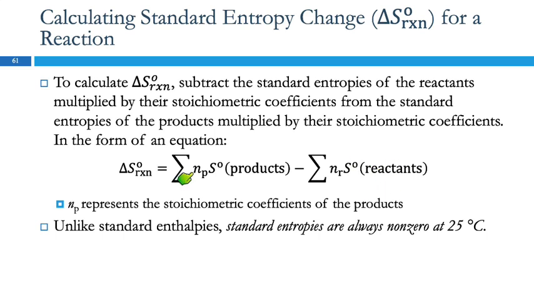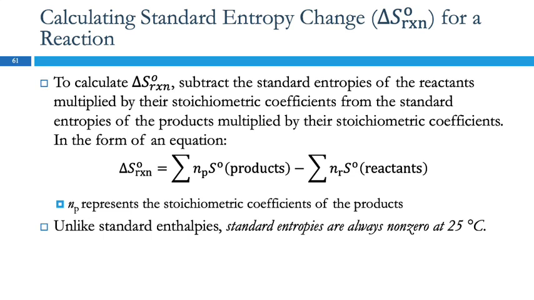The n here represents the coefficients in the balanced chemical equation, because that standard entropy is so many joules per mole degree Kelvin, and we're multiplying by the number of moles in the reaction. And what we're calculating here, standard entropy of the reaction, is for molar quantities of the equation as written.